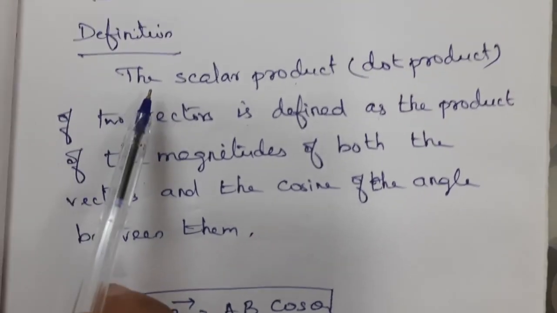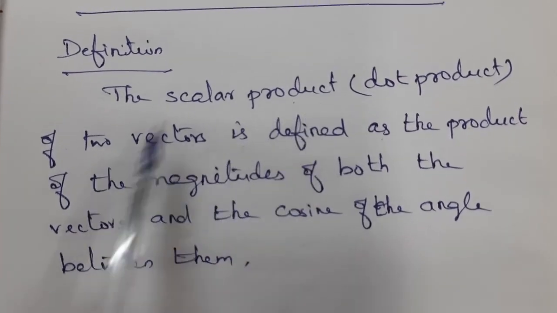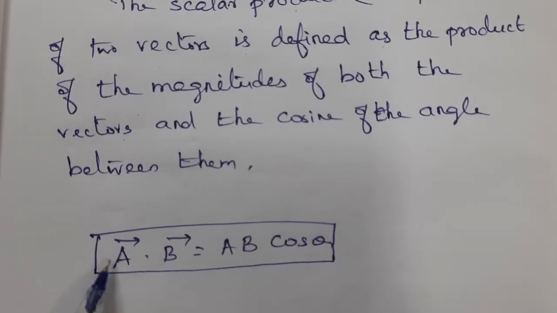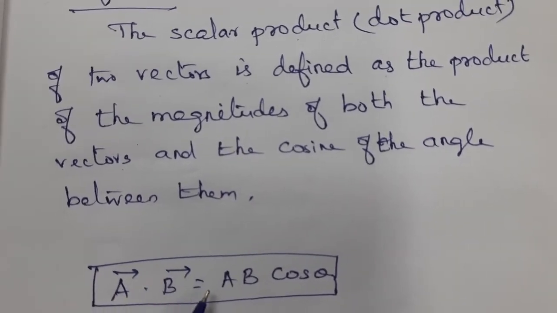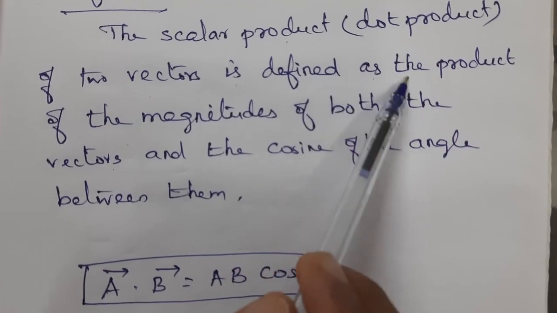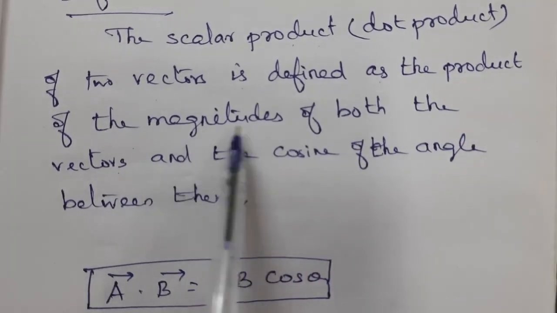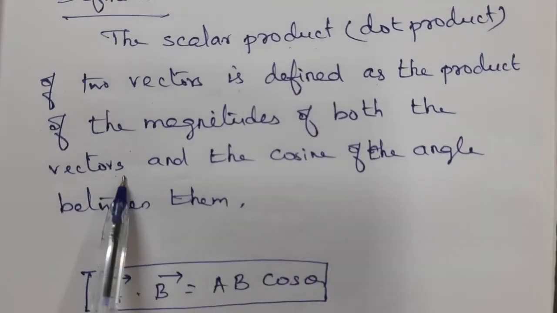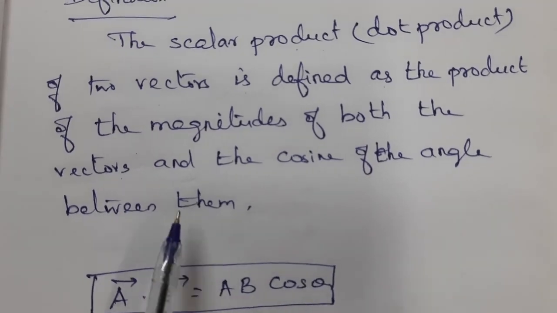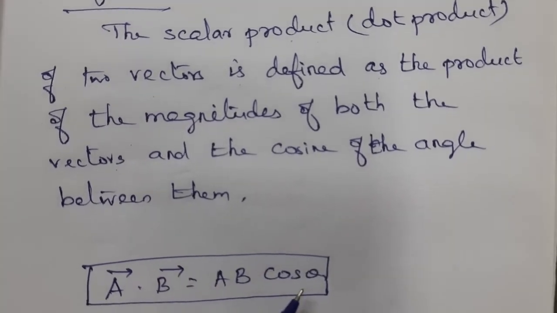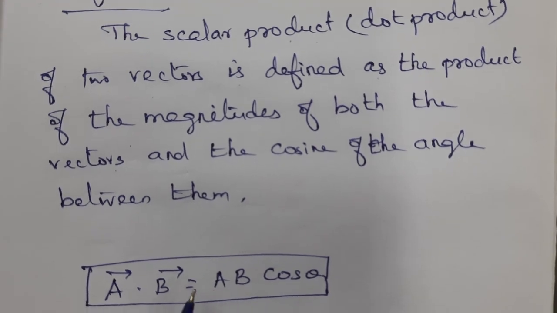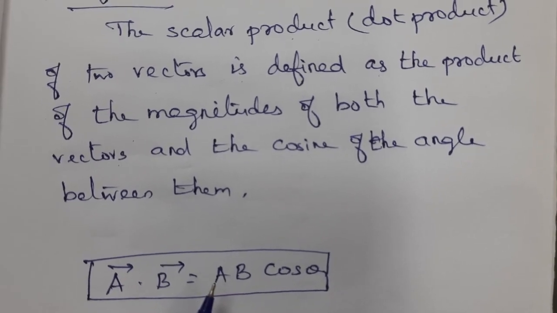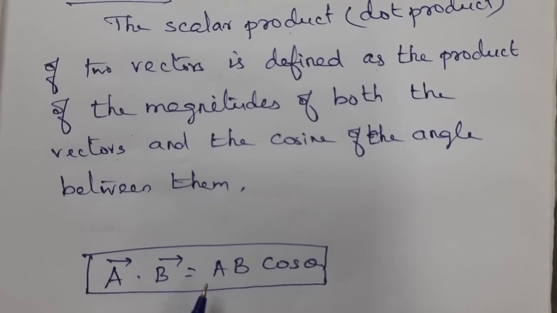Now see the definition of the scalar product of two vectors, that is A dot B. The dot product of two vectors is defined as the product of the magnitudes of both the vectors, A and B, and the cosine of the angle between them.